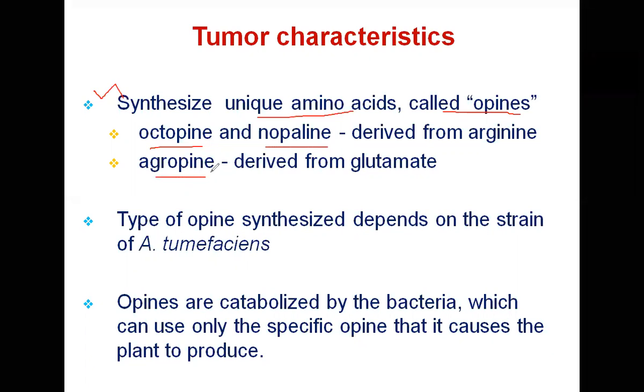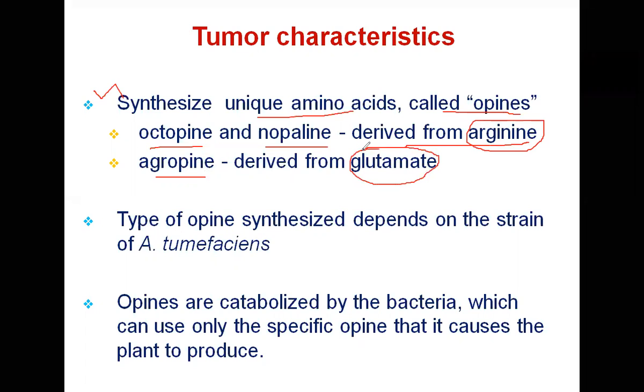Of these three types of unusual, unique amino acids, octopine and nopaline are derived from the amino acid arginine. They are derivatives of arginine, whereas agropine is a derivative of the amino acid glutamate.